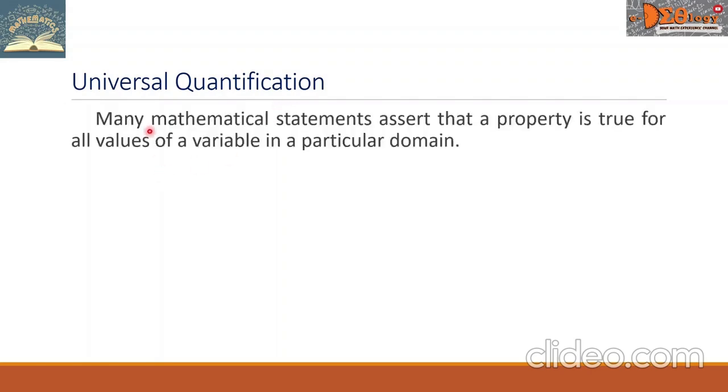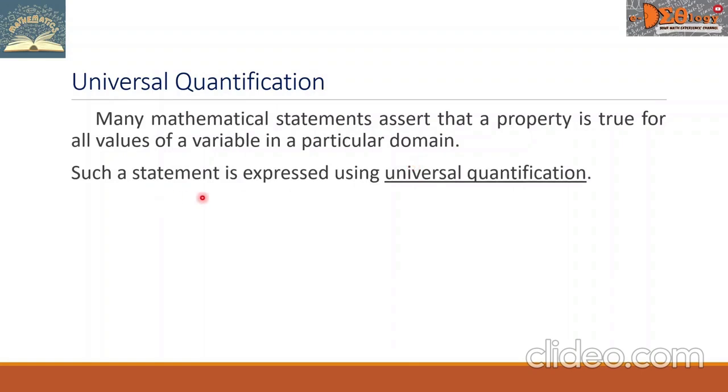Now let's study universal quantification. Many mathematical statements assert that a property is true for all values of a variable in a particular domain. Such a statement is expressed using universal quantification.